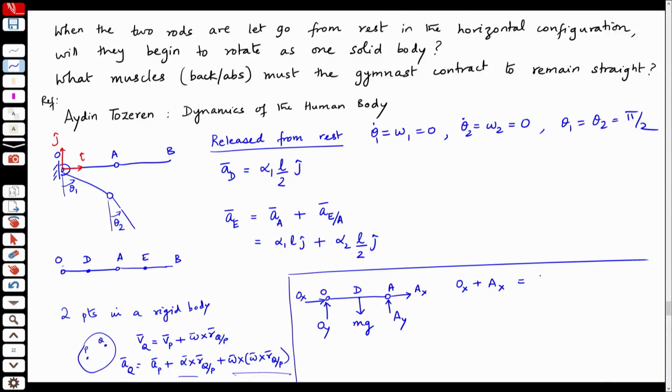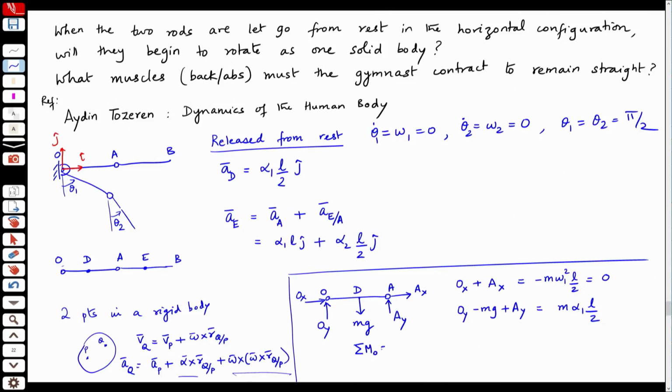This is equal to minus m omega 1 square into L by 2, but omega 1 is 0, right. It is the radial component. There is no radial component here because I have assumed it starts from rest, so that is equal to 0. Then I have Oy minus mg plus Ay equal to m into alpha 1 L by 2.